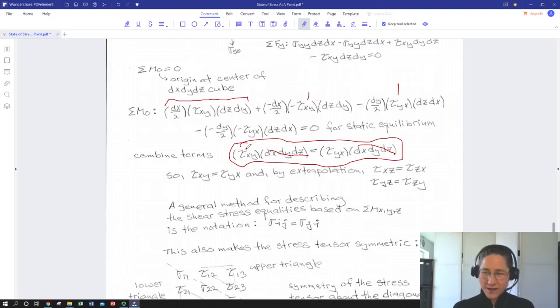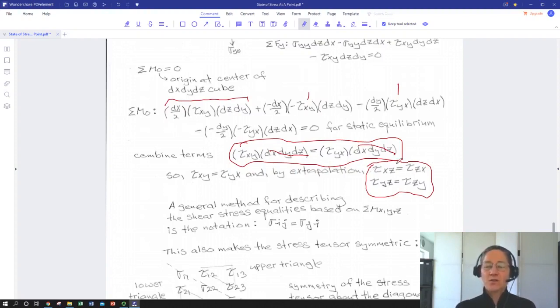So by definition, we just proved that by putting that volume element in static equilibrium, not letting it rotate, we've shown that tau xy has to be equal to tau yx. And by extrapolation, if we did this for any other condition, we would just say the sum of the moments about O in a given direction.